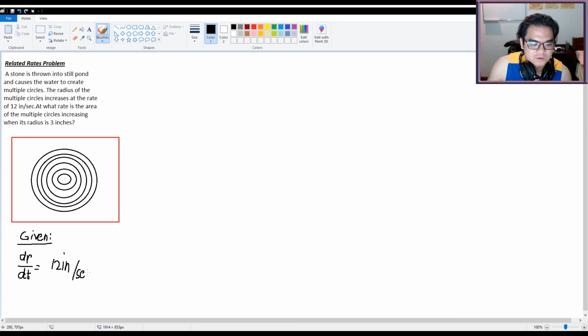So what else is given? At what rate is the area of the multiple circles increasing when its radius is 3 inches?